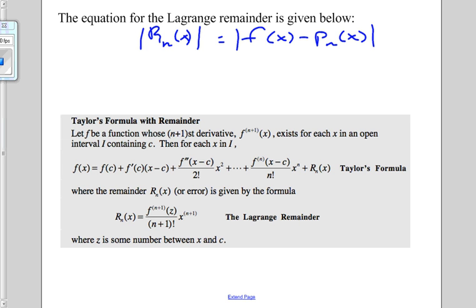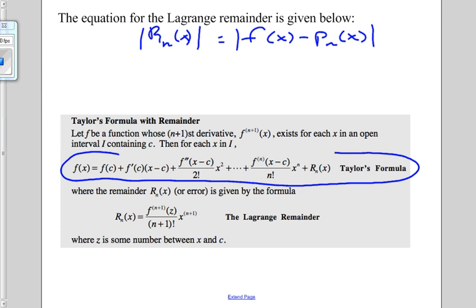So, given some function, we can find a Taylor approximation for that function. And take f of c plus our derivative at c times x minus c, plus the second derivative times x minus c squared over 2 factorial, and so on. You've seen this before.